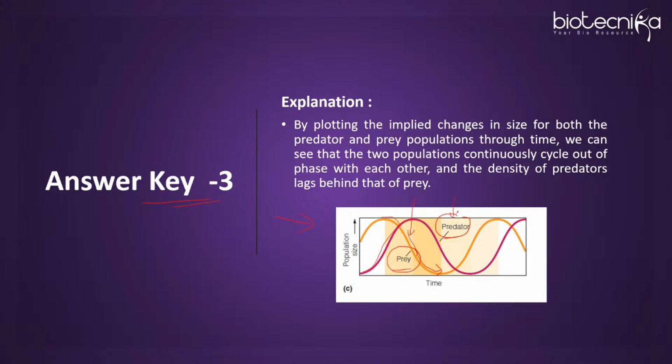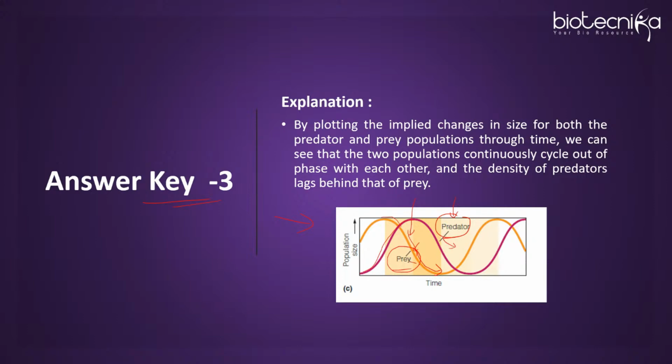But what about the predator, right? Predator will survive for some time, because now the prey are getting weaker, and predators have more chances to get more prey, right? But after some time, the predator population will also start declining, right?